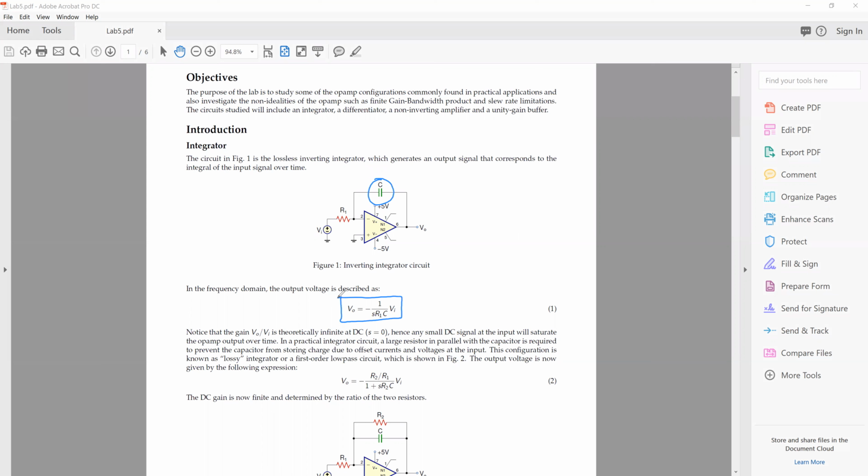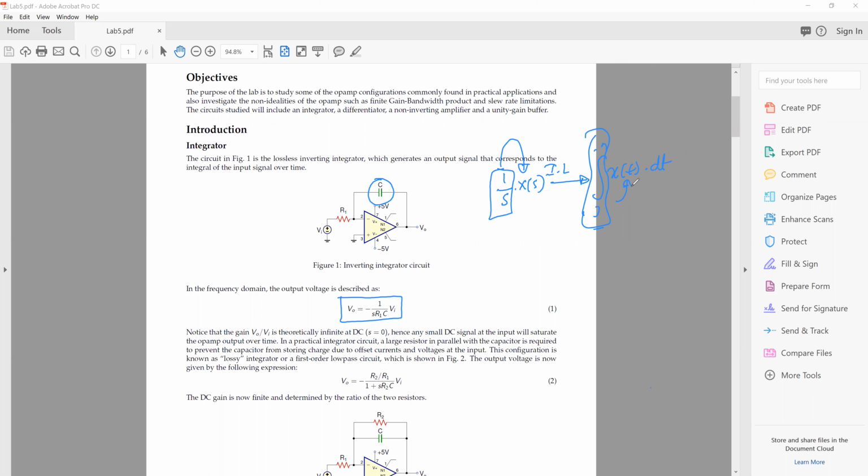And if you remember the Laplace transform, 1 over s times X of s, if you do an inverse Laplace, would basically come down to integral 0 to infinity x of t dt, right? So multiplying with 1 over s in Laplace domain is nothing but integrating in the time domain.